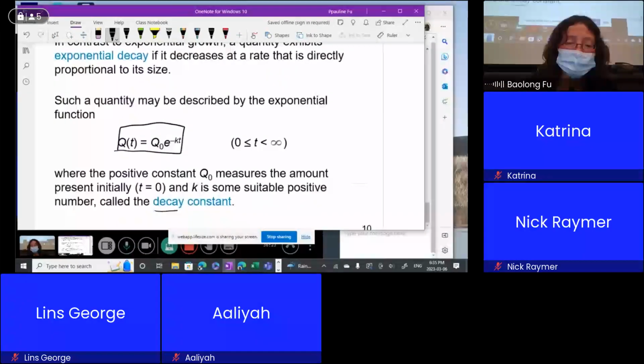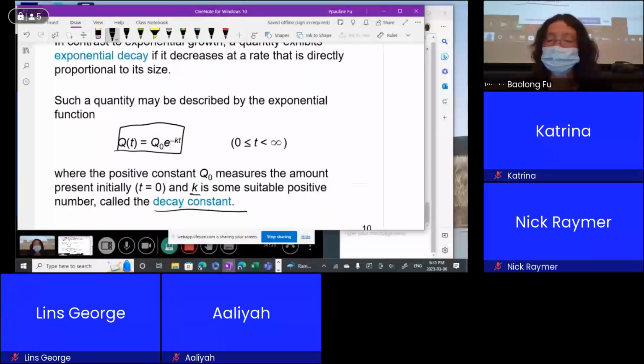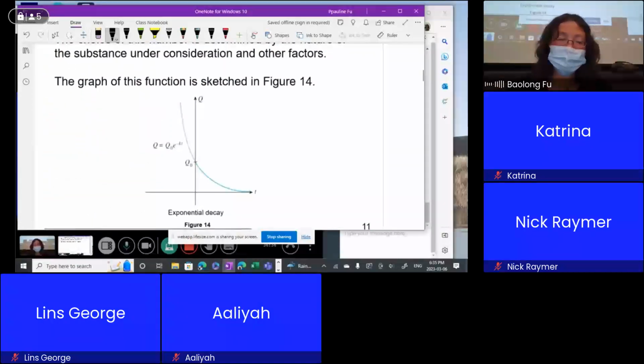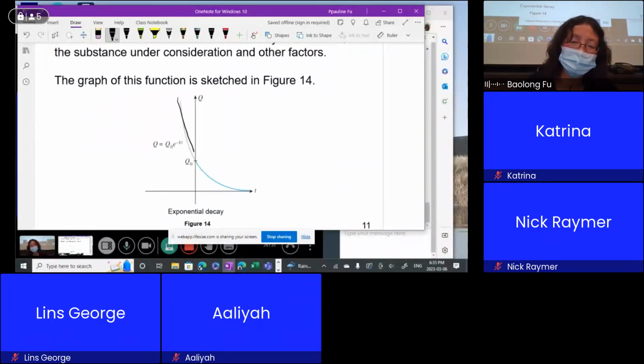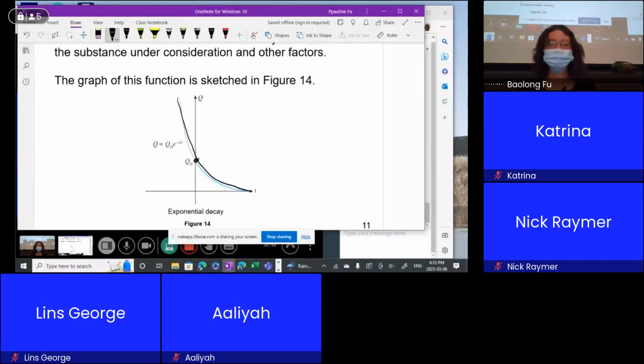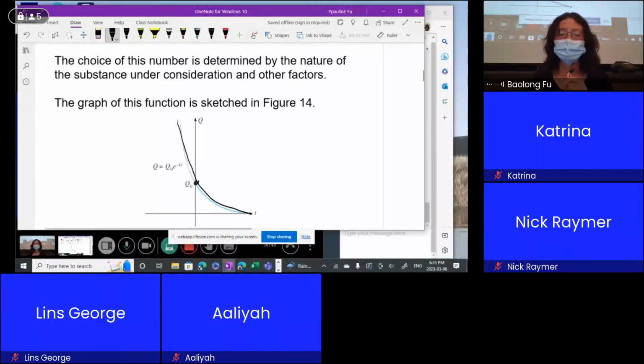We call this k constant the decay constant. And this graph will look like this. It is decreasing. Questions so far?